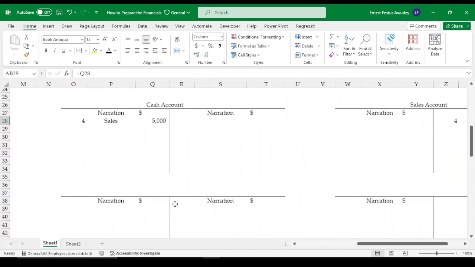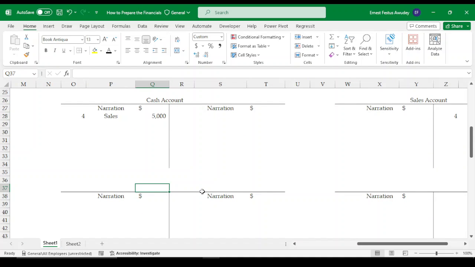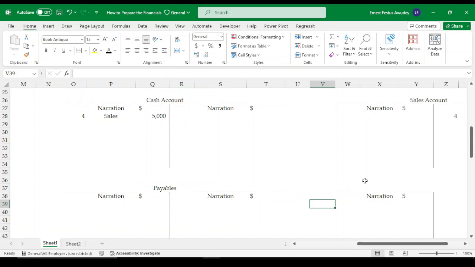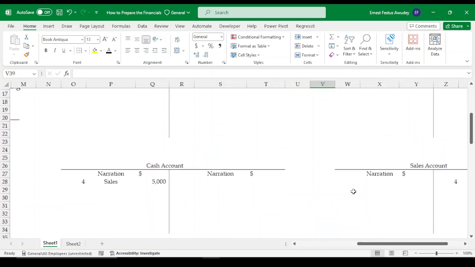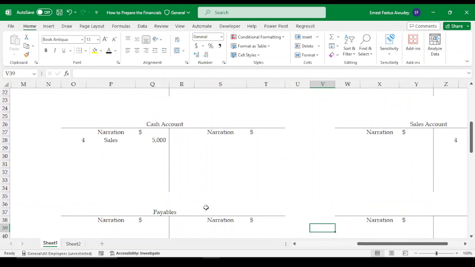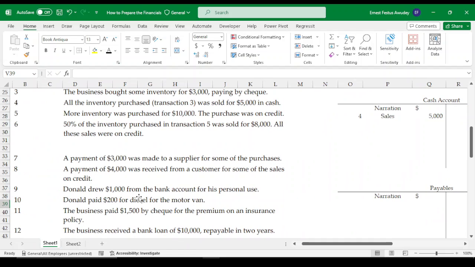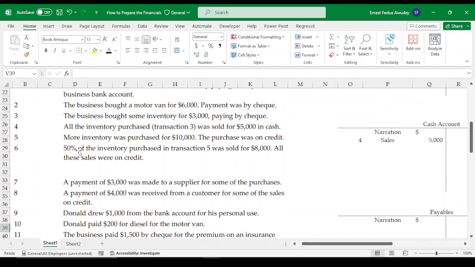So quickly I'll come here and record this in the payables account. Let me just use my merge and center for now to save time.